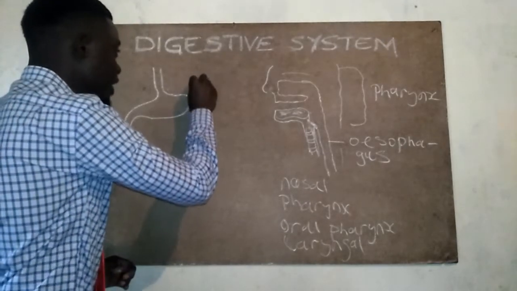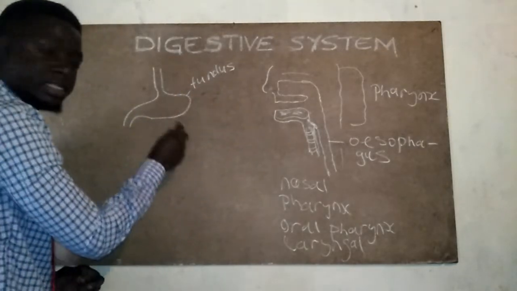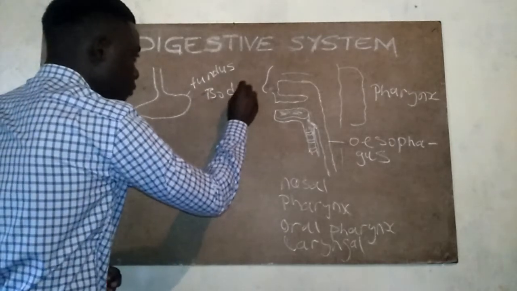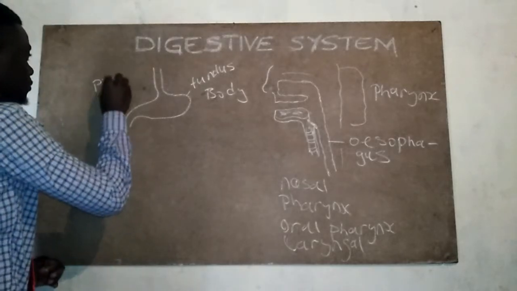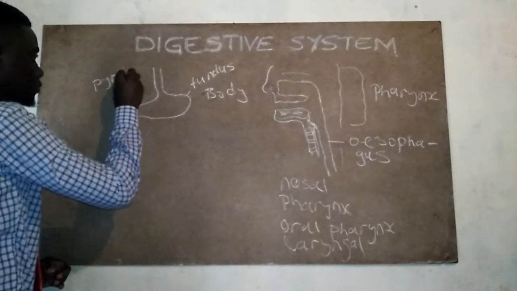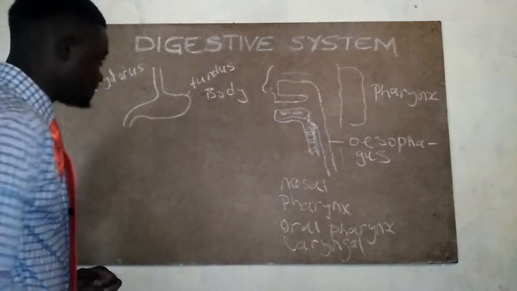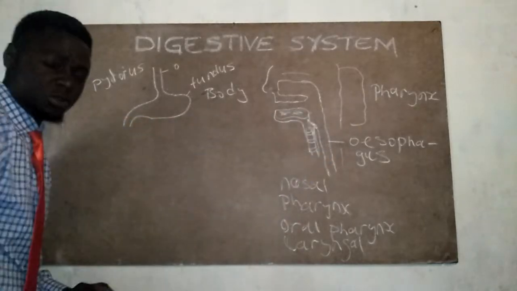So this is the fundus. And there is the body. So this is the body of the stomach. And we also have the pylorus. So pylorus. And this is the esophagus, continuous with the stomach.